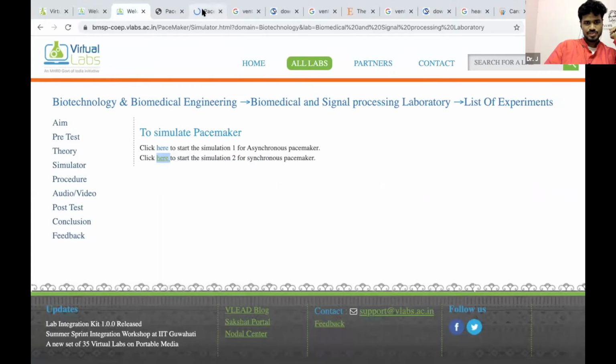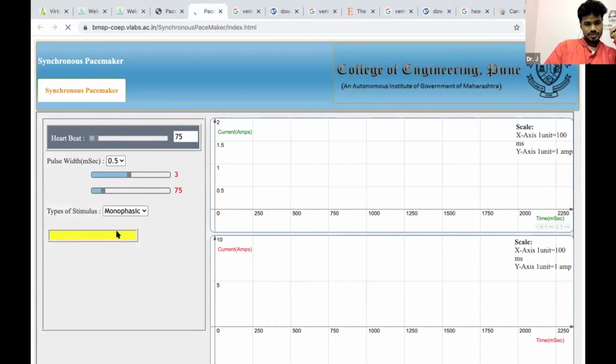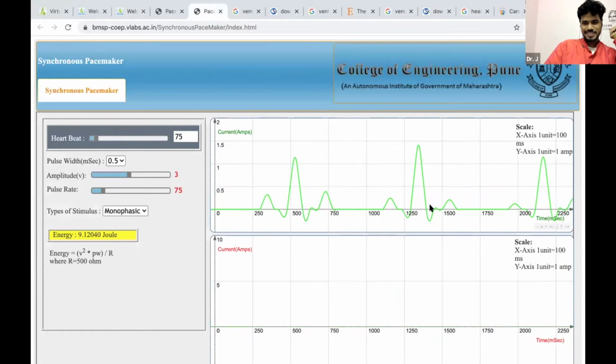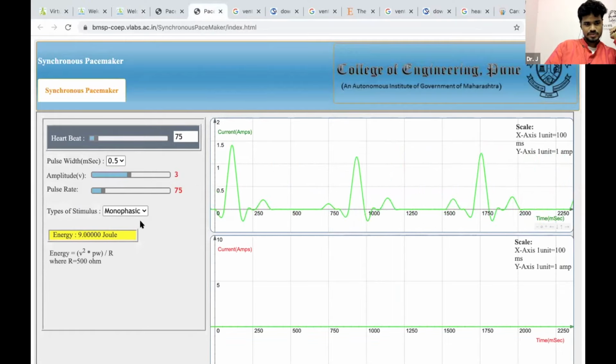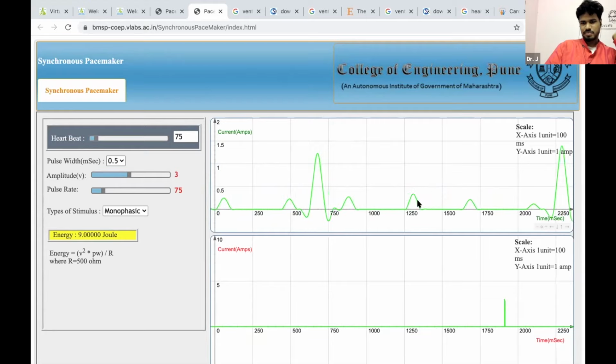What do they have for synchronous? Yeah, synchronous. Okay, they try to simulate ECG. Then I suppose if there are missing beats, there will be pulses. Are there any missing beats? Notice here, let's say there is a P wave, but the ventricles didn't respond.